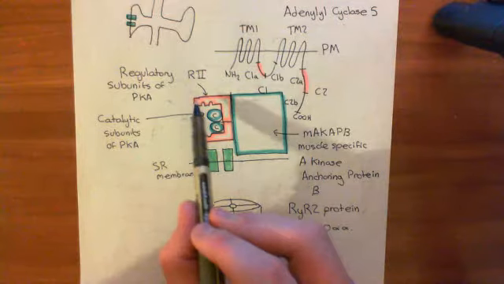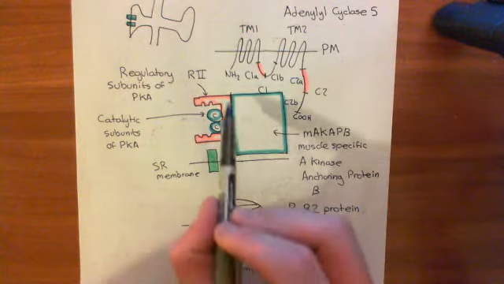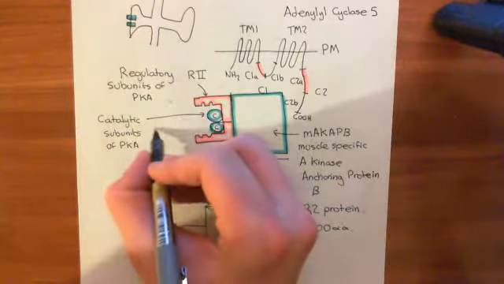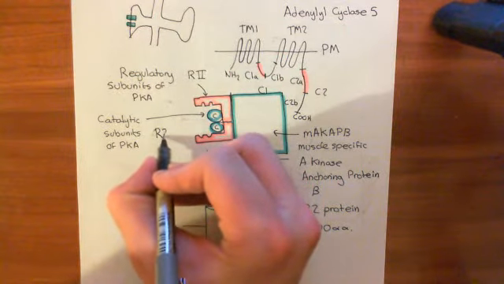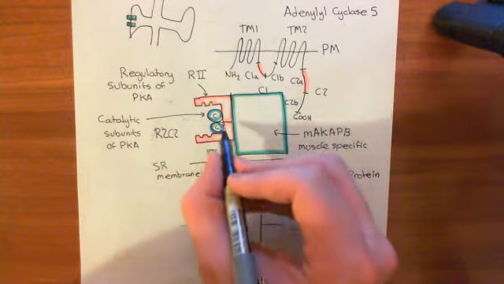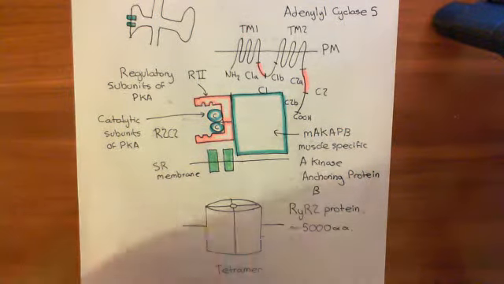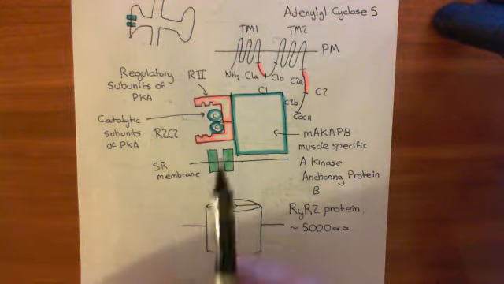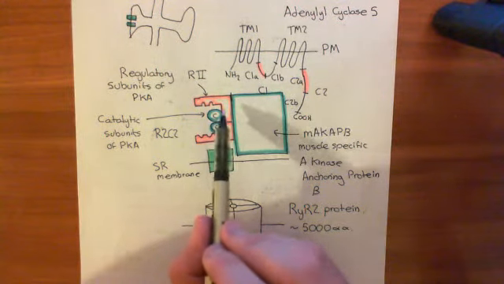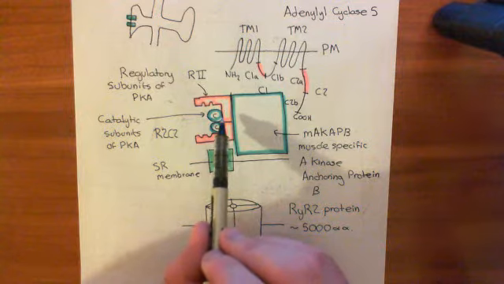Now, these protein kinase A complexes here are known as R2C2 complexes. The reason for that is that you have 2 regulatory subunits complexed together and 2 catalytic subunits complexed together. When the catalytic subunits of protein kinase A are bound to the regulatory subunit like this, they are inactive.